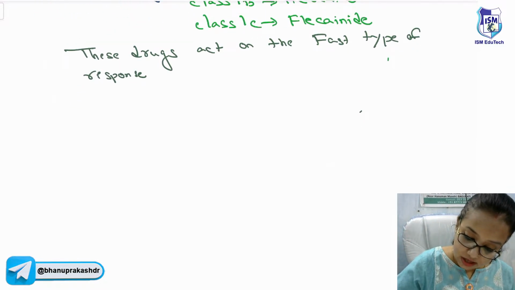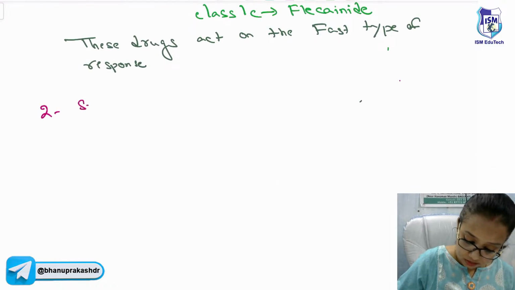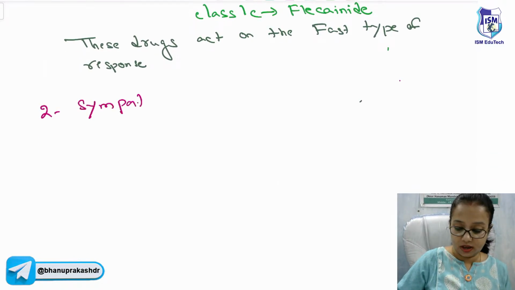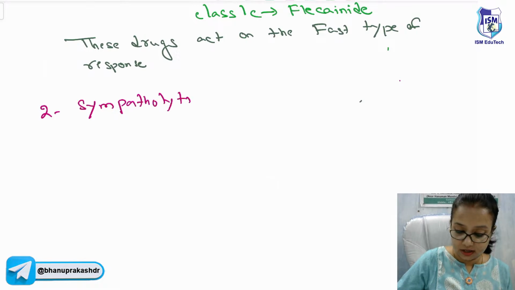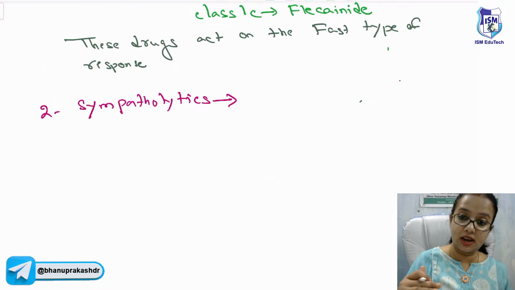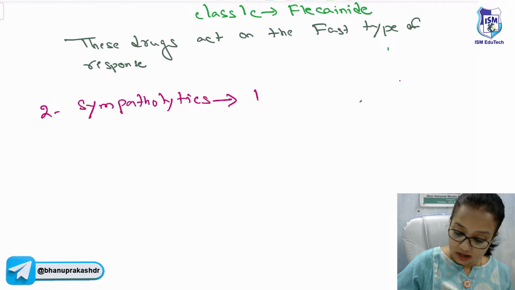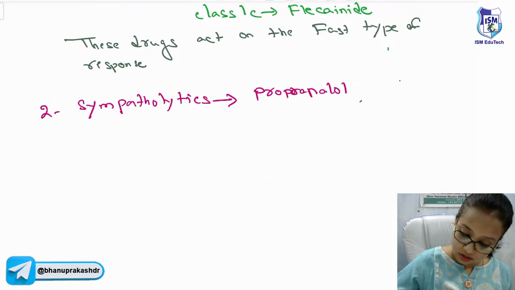Okay. Second, we have the sympatholytics. Sympatholytics are drugs that will block the beta-adrenergic receptor activities. So they are like the propranolol group of drugs.